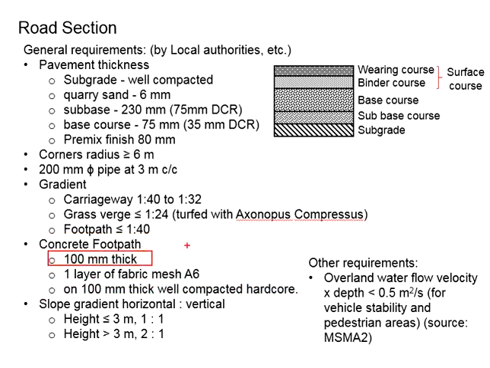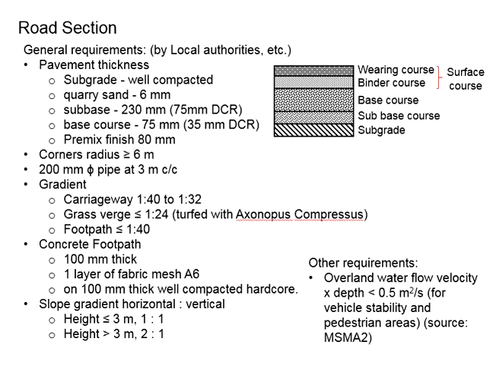Minimum 100 mm thick, 1 layer of fabric mesh, and it should be sitting on top of well compacted hardcore. There are also requirements in terms of the slope gradient.